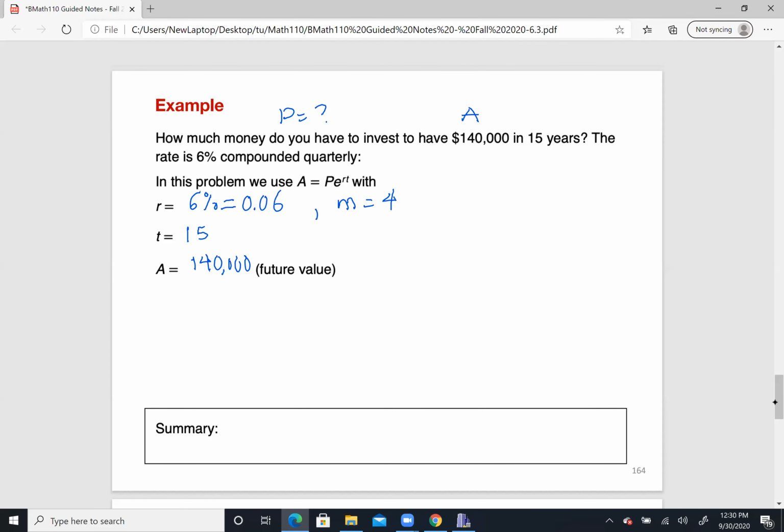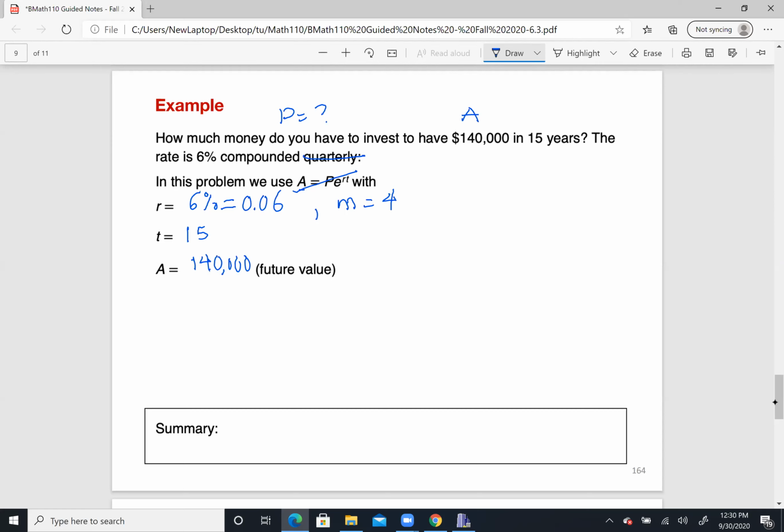It says in this problem we use A equal to P times e to the power rt. But actually there is a typo. If it's compounded quarterly, then you don't use this formula, right? But if you want to use this formula, then the quarterly is wrong.